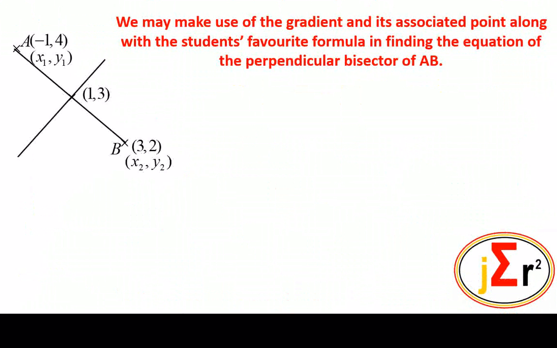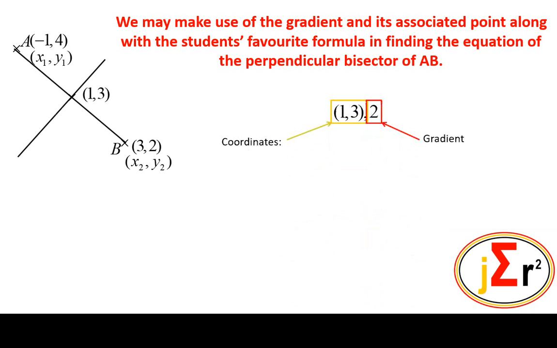We may make use of the gradient and its associated point along with the student's favorite formula in finding the equation of the perpendicular bisector. So we have here the gradient, which is 2.